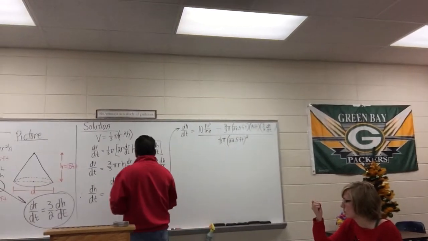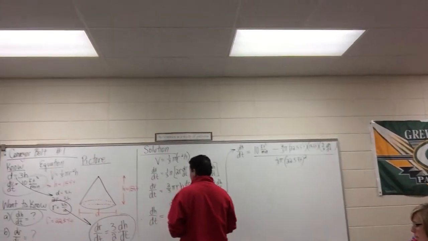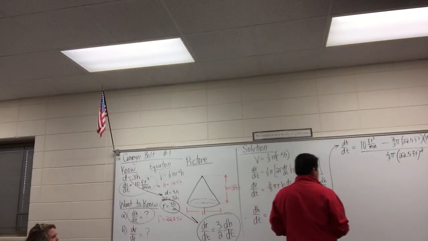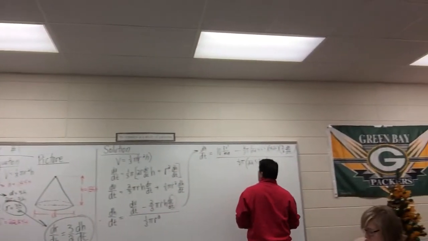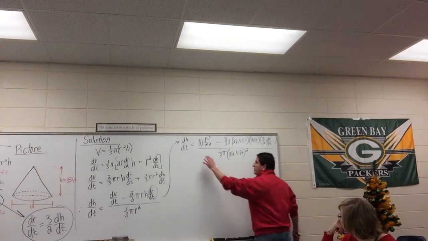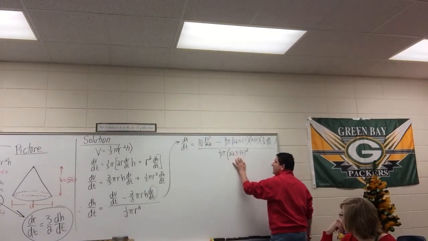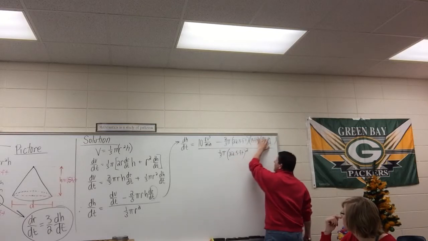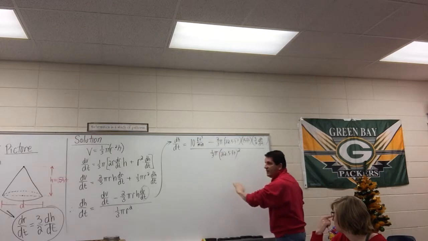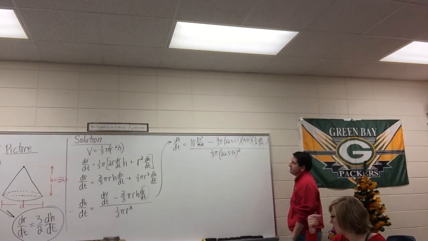If I were doing the problem, I'd scratch the whole thing and start over. What we could do is multiply this times the bottom, bring this term over here, and then solve for dh/dt. It would work out algebraically.